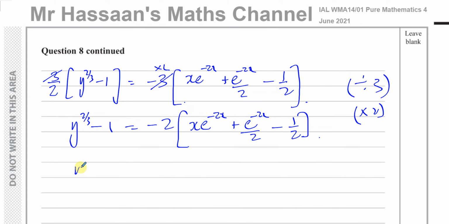So on that side you've got y to the power of 2/3 minus 1 equals minus 2x e to the power of negative 2x, and you're going to have minus 2 e to the power of minus 2x over 2, which gives you basically 1, because 2 times the 2 cancels with that. So it's minus e to the power of minus 2x, and minus 2 times minus a half is plus 1.